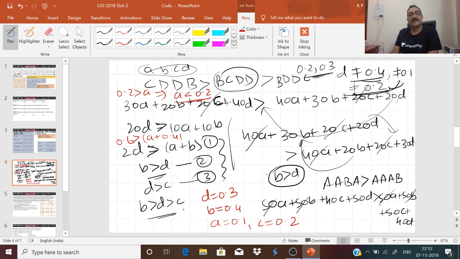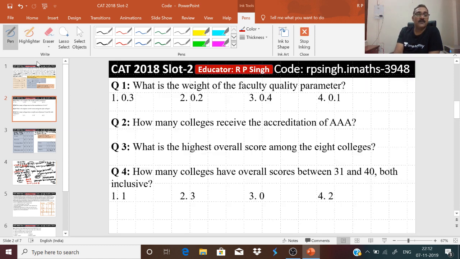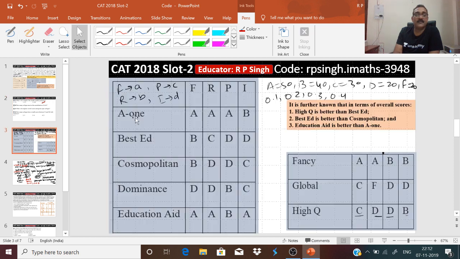Now you can answer all the questions. The whole set is cracked now. To answer any question, like the first question is, okay, what is the weight of the faculty parameter? Right. So the faculty parameter, that is A, 0.1, because if you see what I supposed, faculty parameter A, then B, then C, in the same order I considered, right?